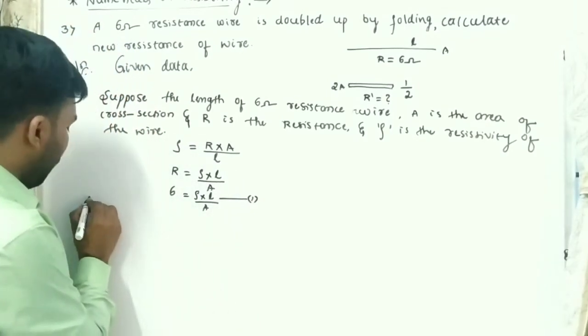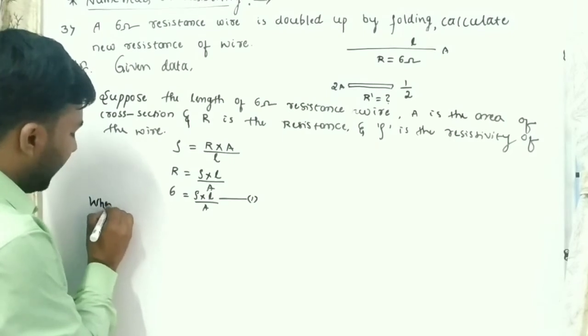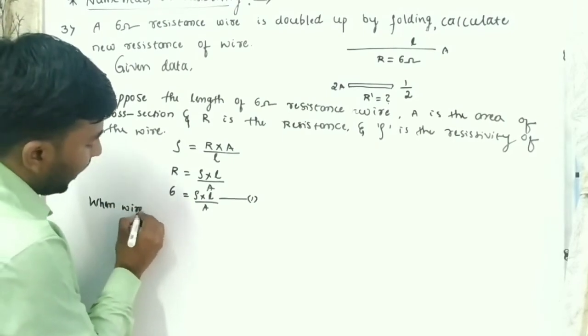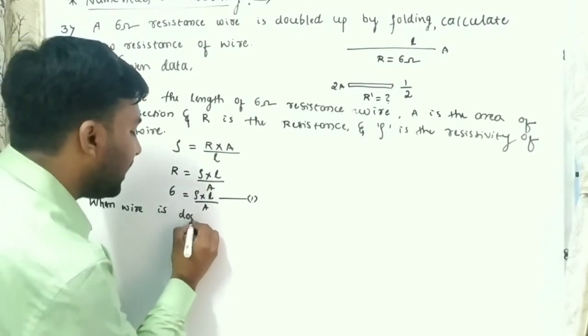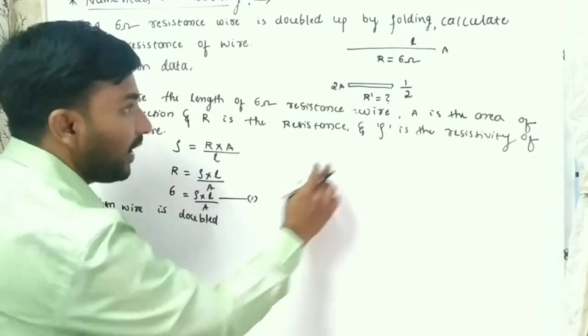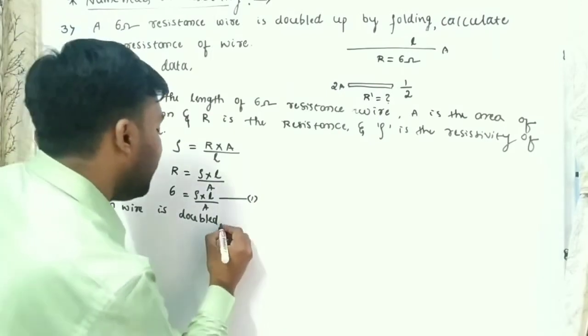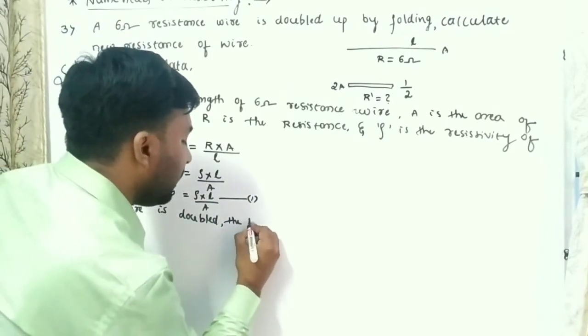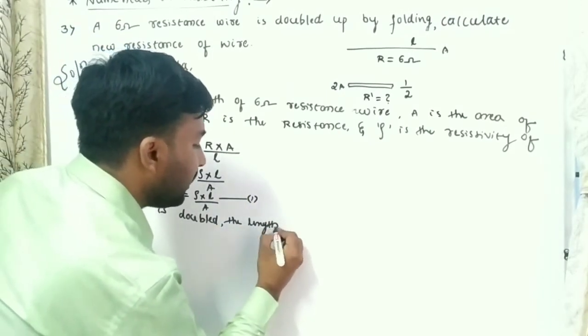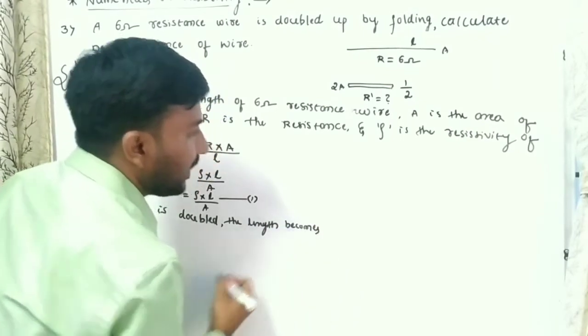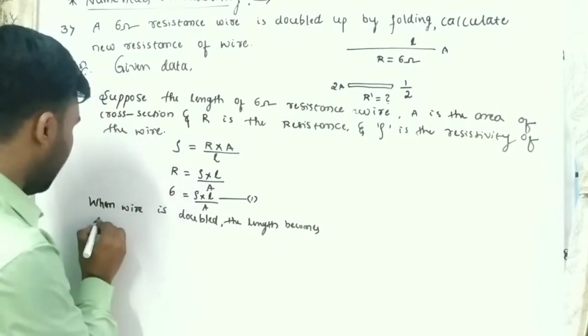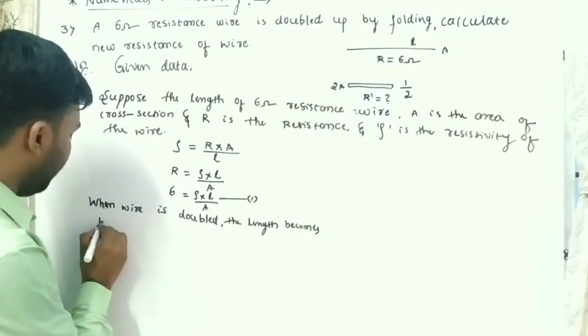Now when the wire is doubled, the length becomes half.